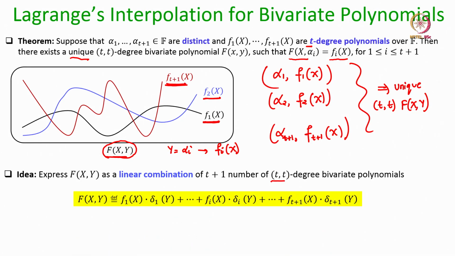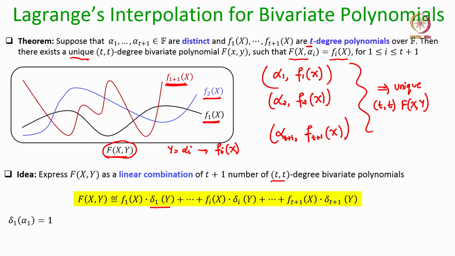So, more specifically, we want to express that unknown bivariate polynomial f of x y in this form, okay. And here these delta polynomials will be some special polynomials. Each of these delta polynomials will be a t degree polynomial, and they will have some special properties.